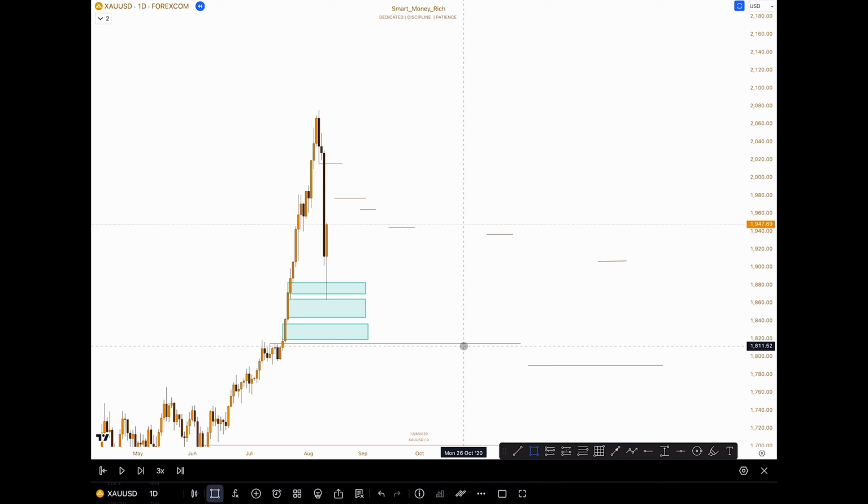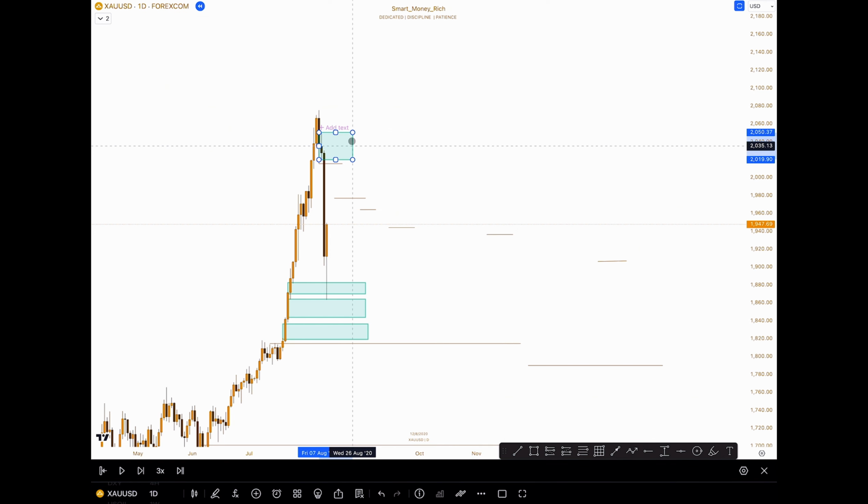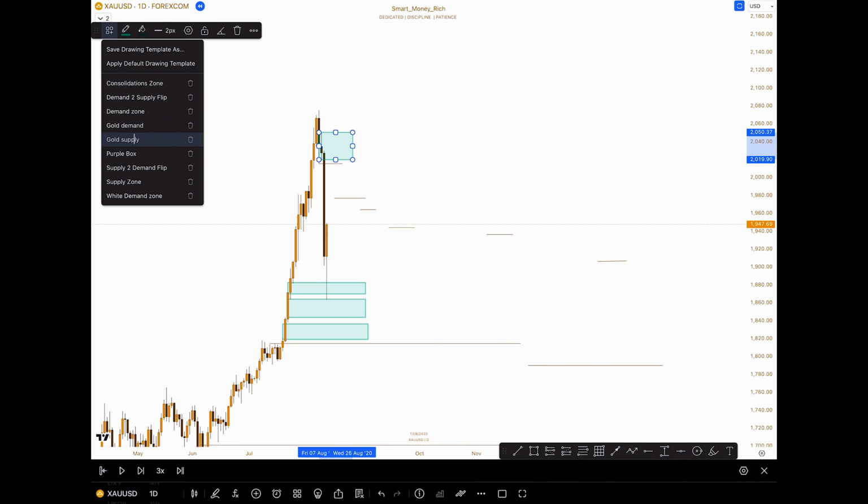So what should I do? I need to identify an order block that left some imbalances behind. Those are going to be my entry level. So right now we are going to look out for this level right here. This level right here can be my entry point, right?